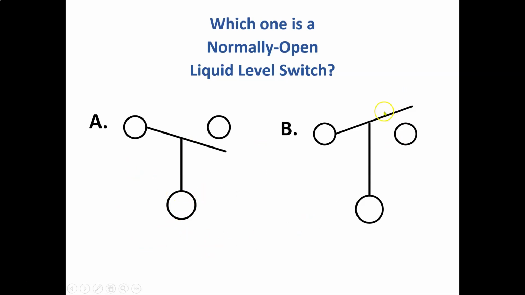This one here, the pole is not in contact with this terminal, but what would gravity be doing in the normal state? It should be pulling this down, which means something is pushing this up right now. So this is not in the normal state. This is actually a normally closed float switch, and this would be a normally open float switch or liquid level switch.